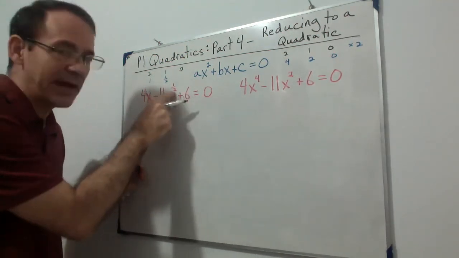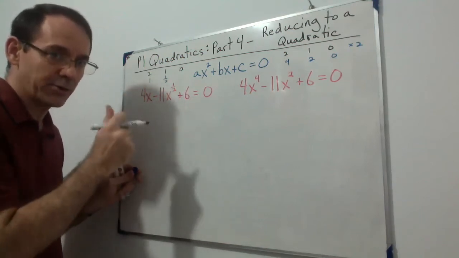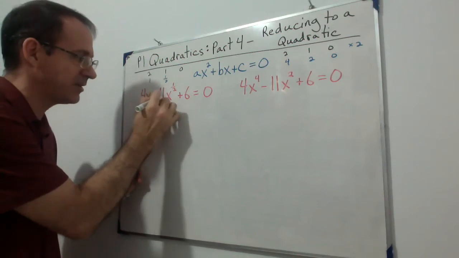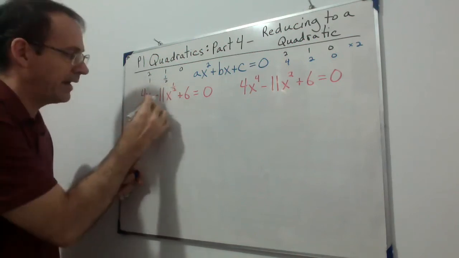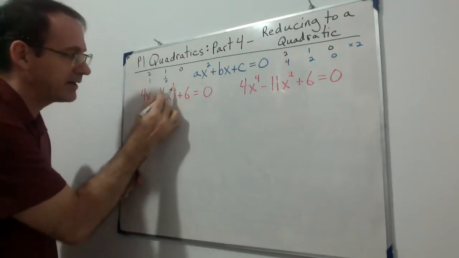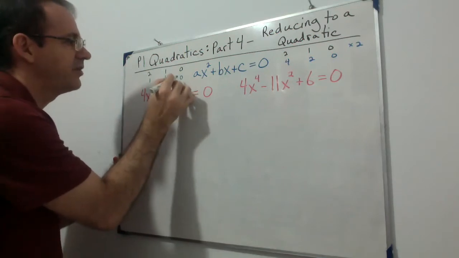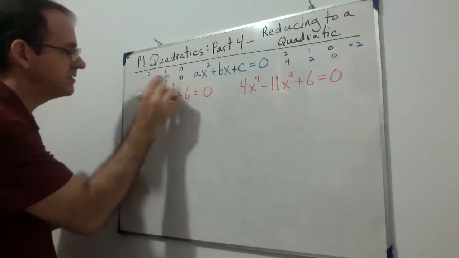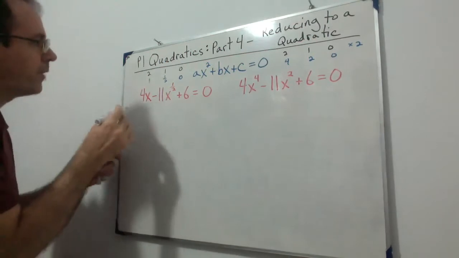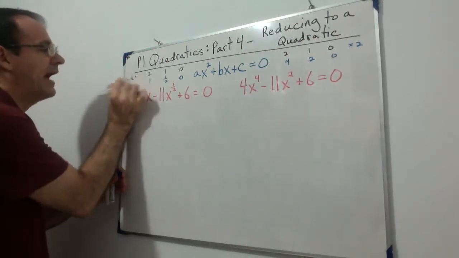So when you see a fractional exponent, it's actually a radical. You can write it either way. Sometimes you might see minus 11 root x or minus 11 x to the 1/2. Same thing. You need to recognize the exponent as a 1/2 and then 0. So when you look at this, this is also a multiple. In this case, it's a multiple by 1/2.